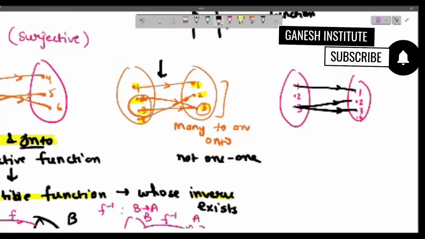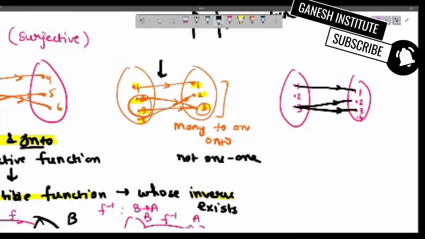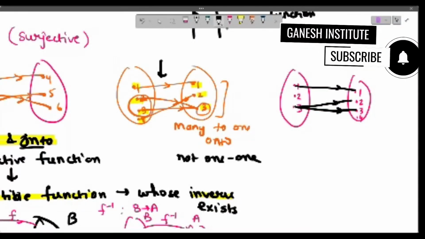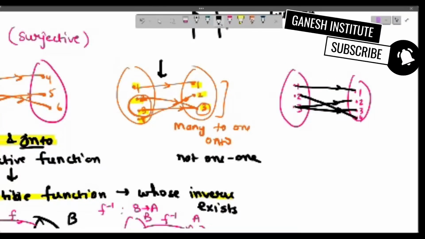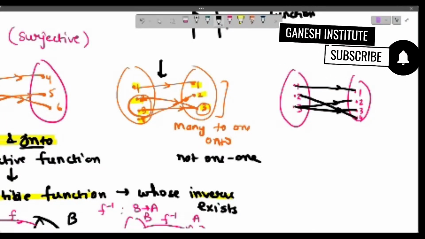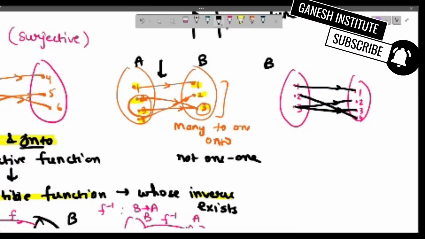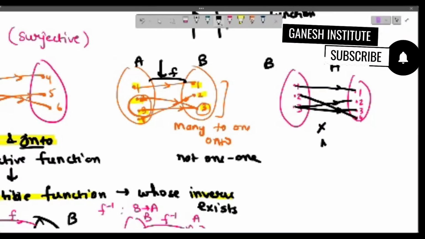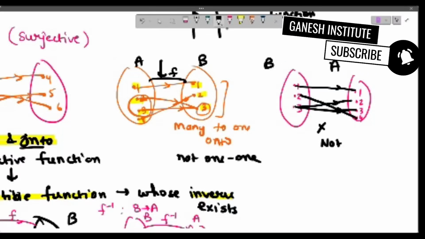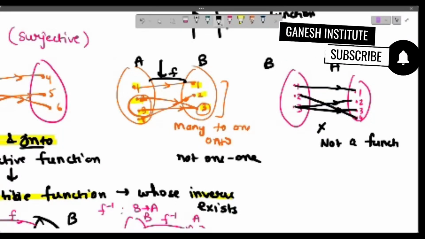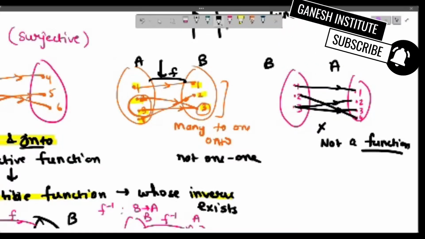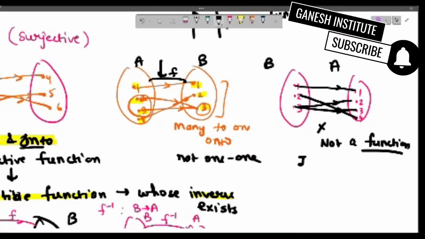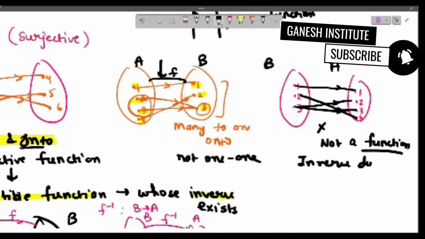And 2 and 3 with 3, and 4 with 2. Can this be a function now? I flipped them. Initially it was a function. Now this is not a function because my x values are repeating. And if x values are repeating, it is not a function. So the inverse does not exist.